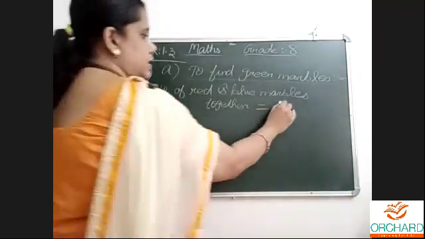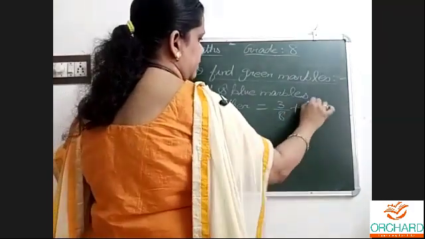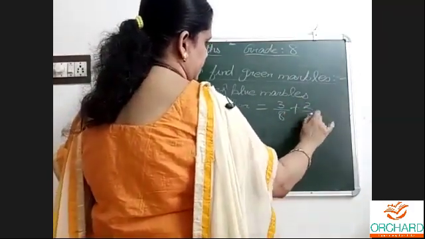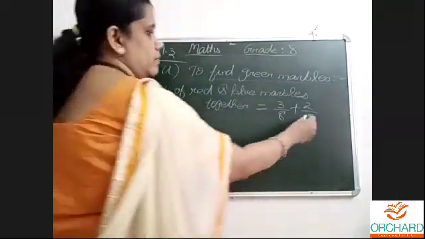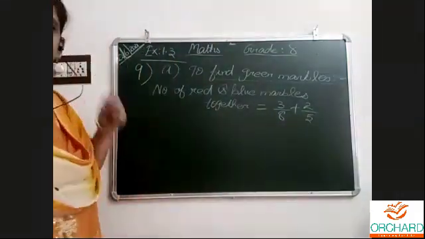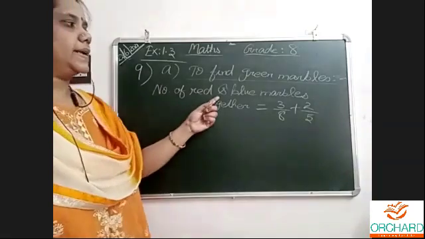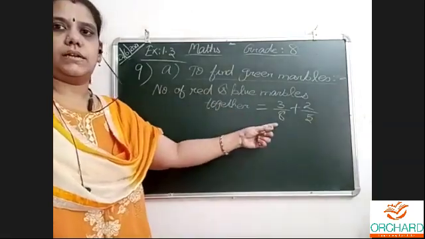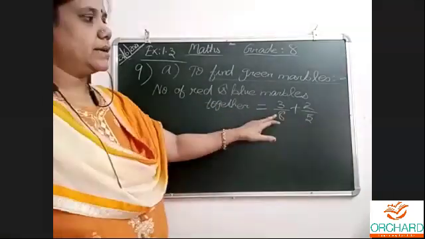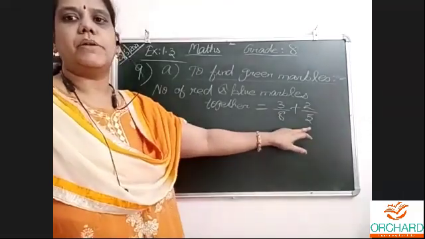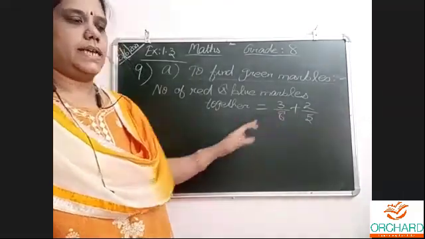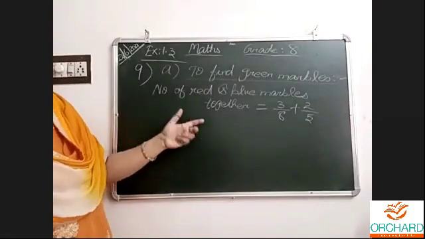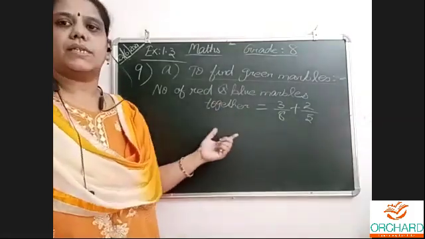3 by 8, 2 by 5. Number of red and blue marbles together. This is the number of red marbles, and this is the number of blue marbles. Yes, correct. LCM only. So red and blue, first we have to find.